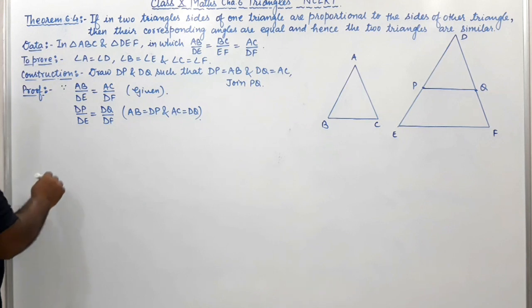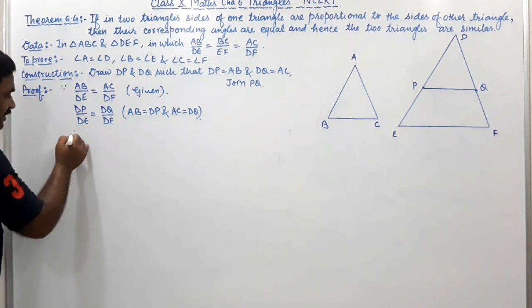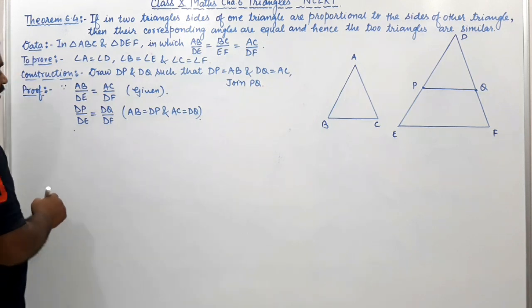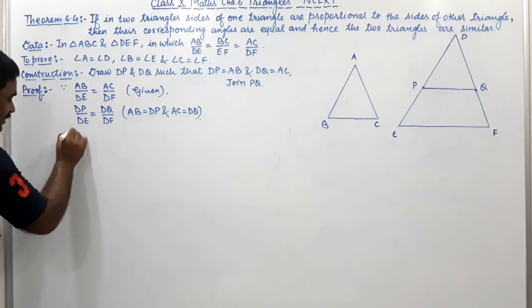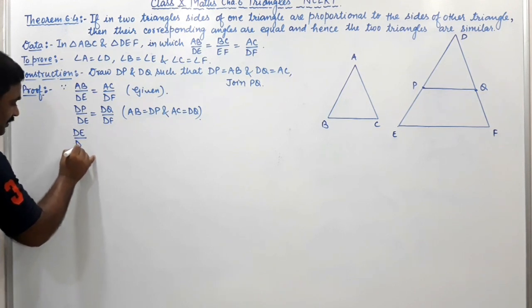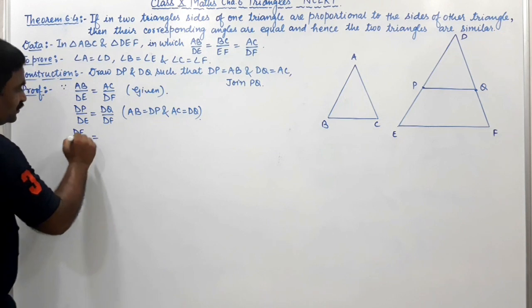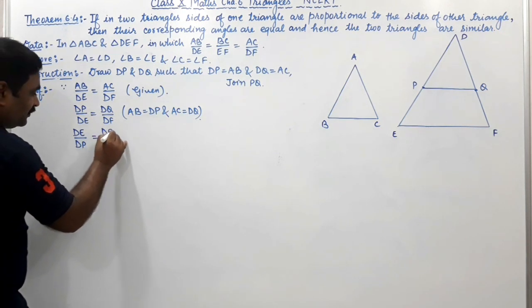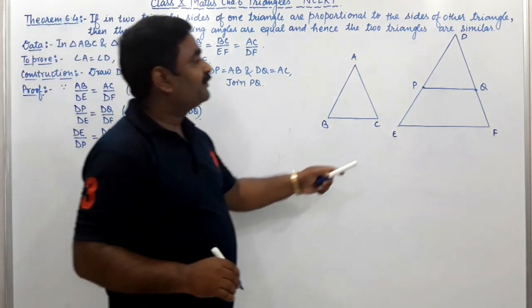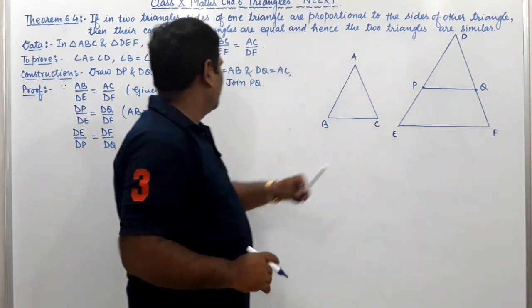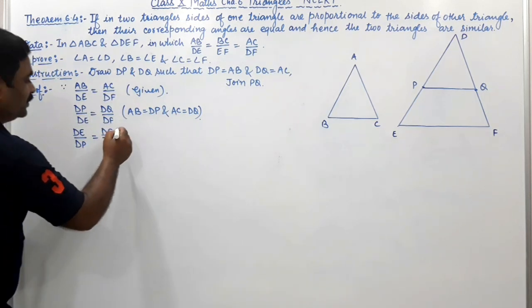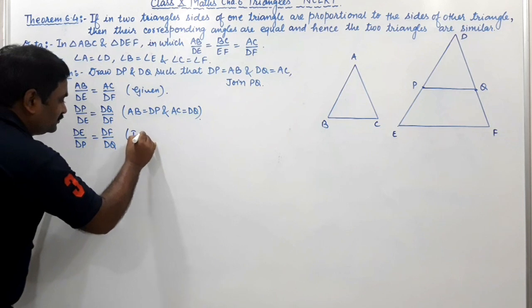Now invert this. Can you write this one? DE upon DP equals DF upon DQ, by invertendo.